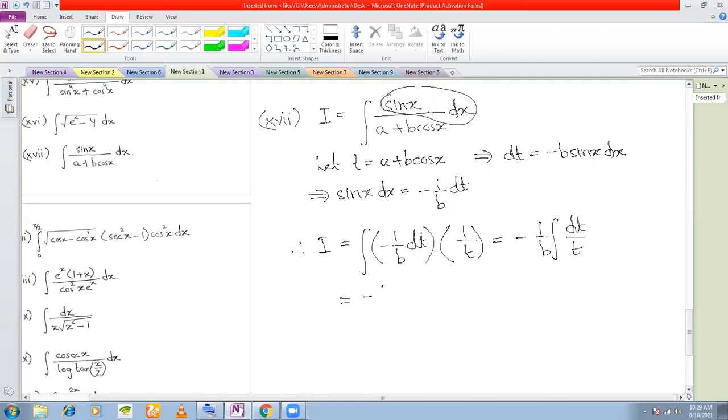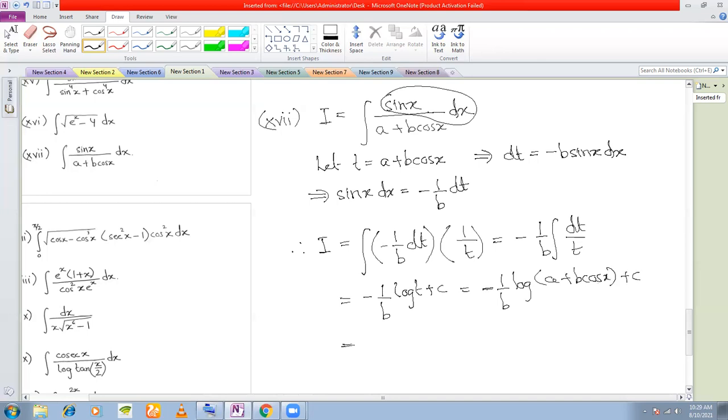The integration of dt by t is log t plus c, so minus 1 by b log a plus b cos x plus c.